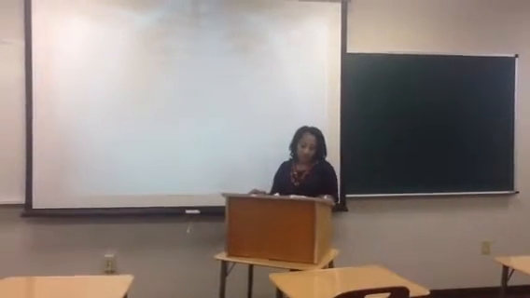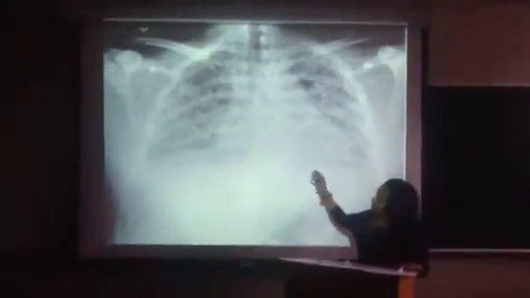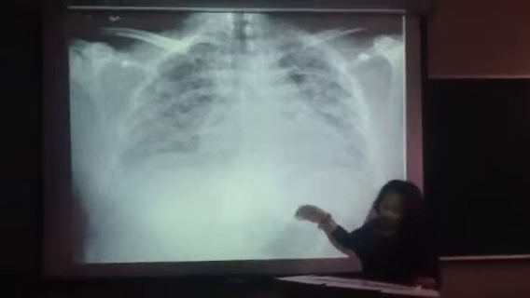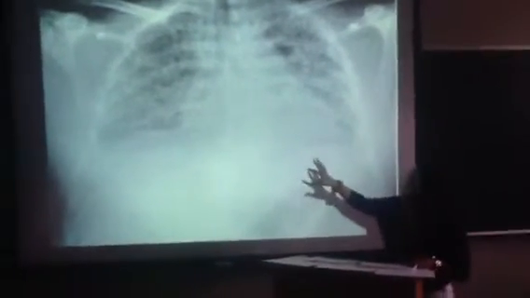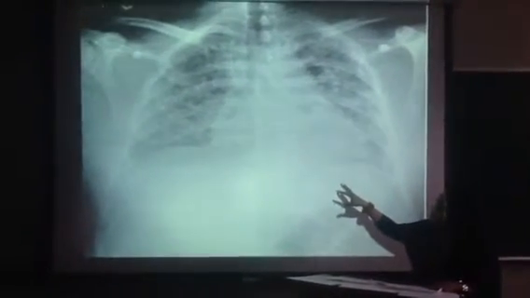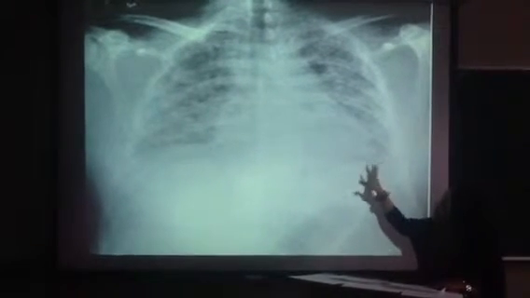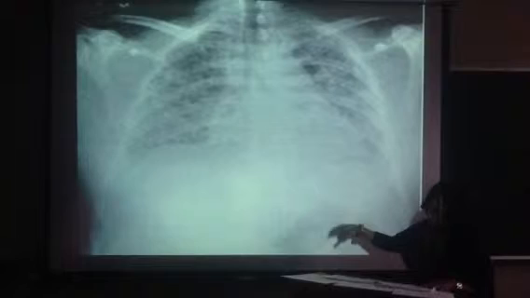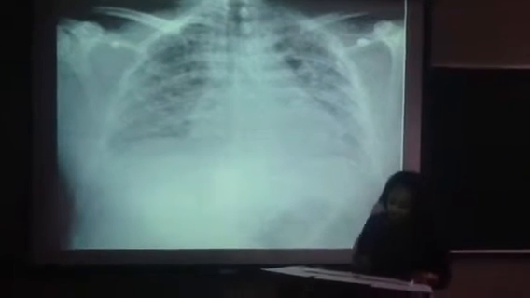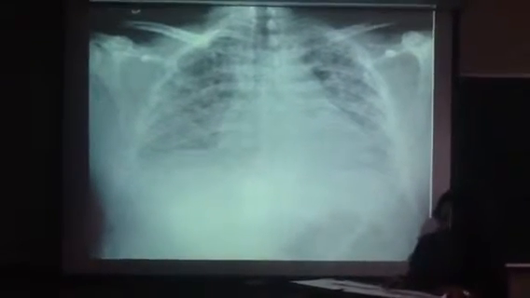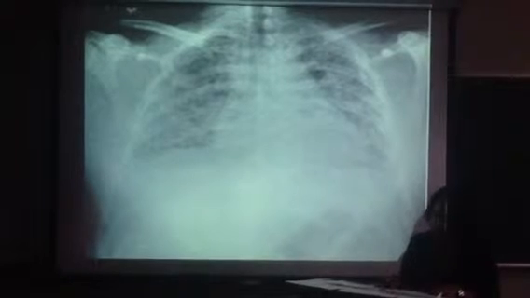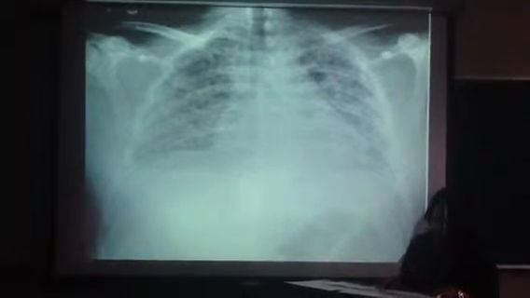The first is chronic pulmonary histoplasmosis. As we can tell, this does not look like a normal healthy lung. We know what a normal healthy lung looks like, and for some reason, the person that has pulmonary histoplasmosis has all these infiltrates in the lung. This is characterized by severe cough, blood-tinged sputum, night sweats, weight loss, and loss of appetite.